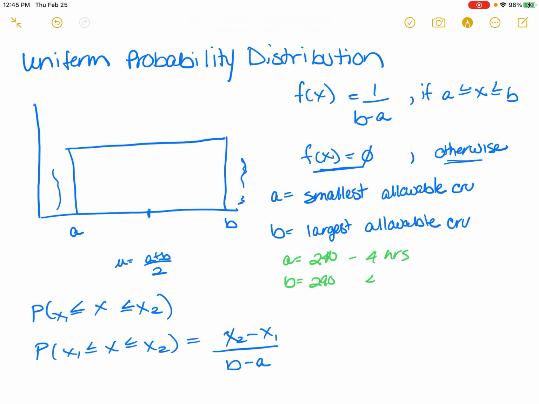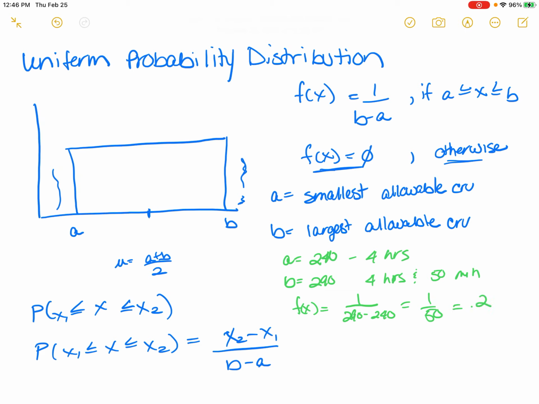So this is 4 hours for a round of golf, and this is 4 hours and 50 minutes. So A and B, right? In this particular situation, we know that our f of x is going to be 1 over 290 minus 240, which is equal to 1 over 50, correct?